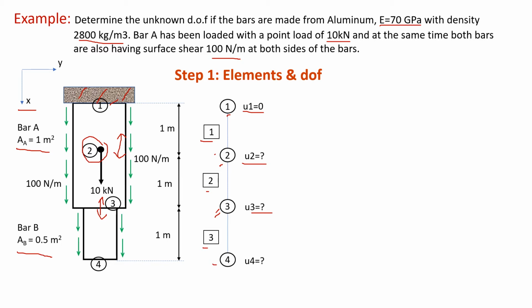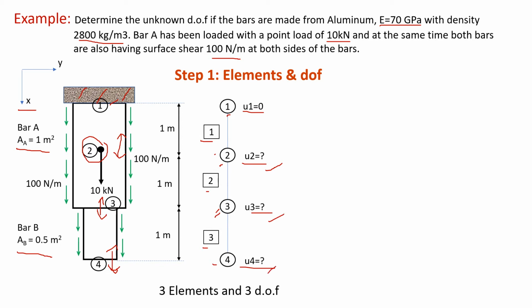The last one is U4, again a free end, free to move in the X direction. So in general, we have 3 elements and 3 degrees of freedom, which are U2, U3, and U4.